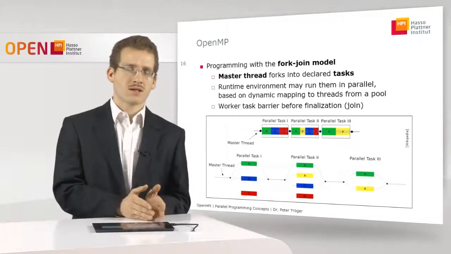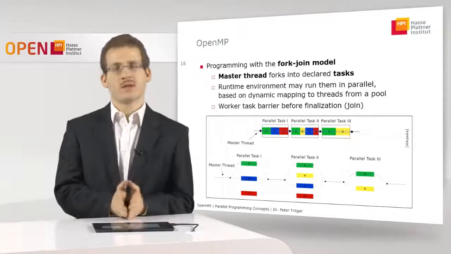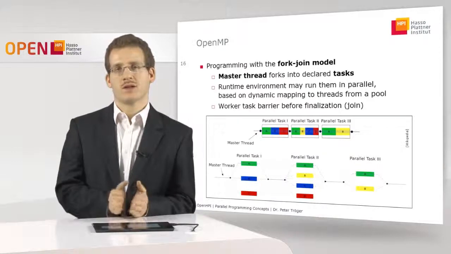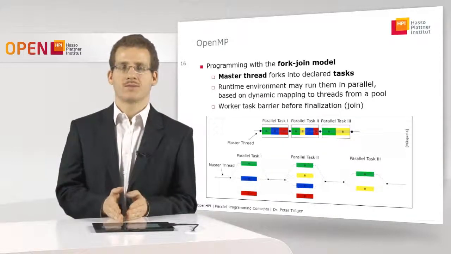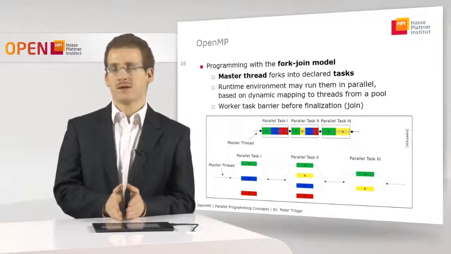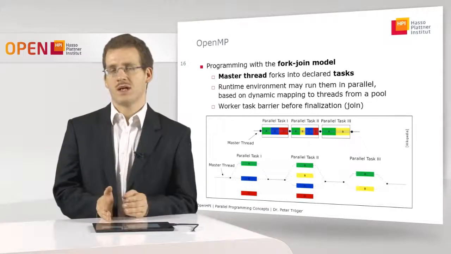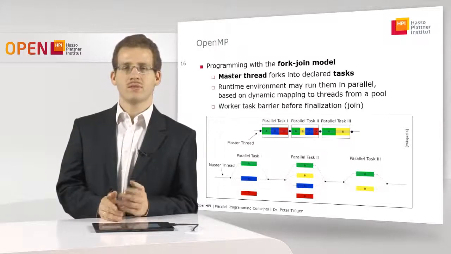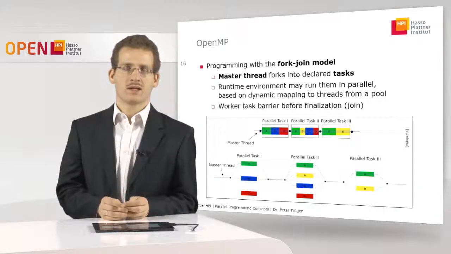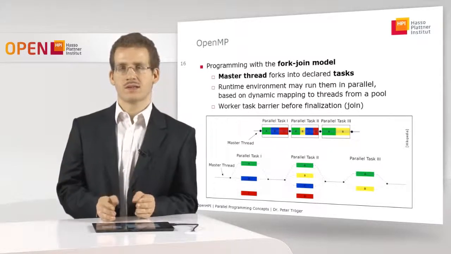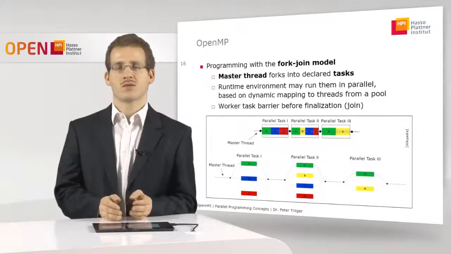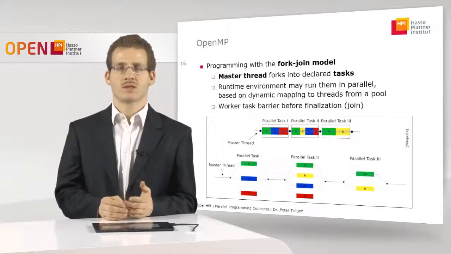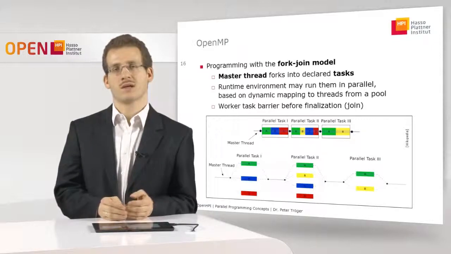The tasks defined in these regions are dynamically mapped to the threads managed by the OpenMP runtime library. When all these tasks are finalized, when they've reached the end of their particular code block, then there is an implicit barrier at the end. So the idea is that all the forked activities then again join together in order to continue as one serial execution stream in the master thread.